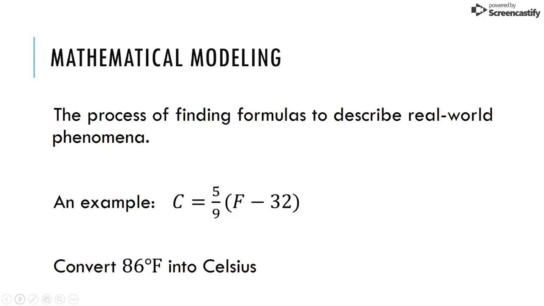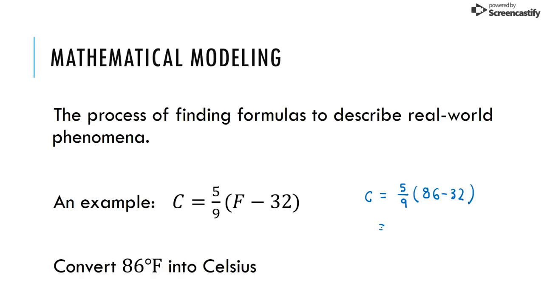We can also use evaluating when we're looking at some mathematical models. Notice that mathematical models are really just going to be some real world application type problems. Here I'm giving us an example where I want us to convert from Fahrenheit into Celsius. Since they're giving us 86 degrees Fahrenheit, we are going to substitute that 86 in for F and start solving for C. So once again, we have to follow order of operations.